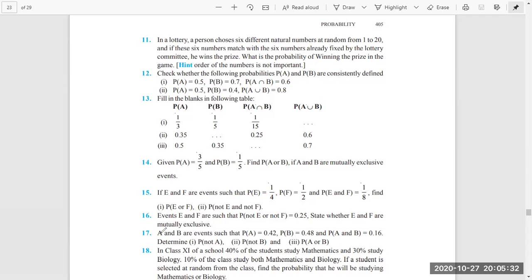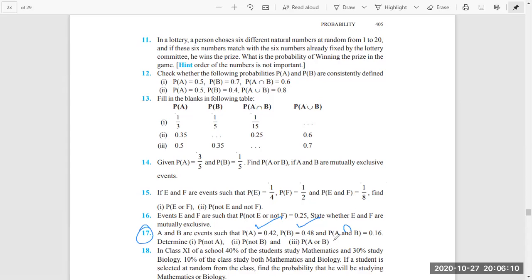So question number 17. A and B are events such that probability of A is 0.42, probability of B is 0.48, probability of A intersection B is 0.16. Find the probability of not A. It's 0.58.